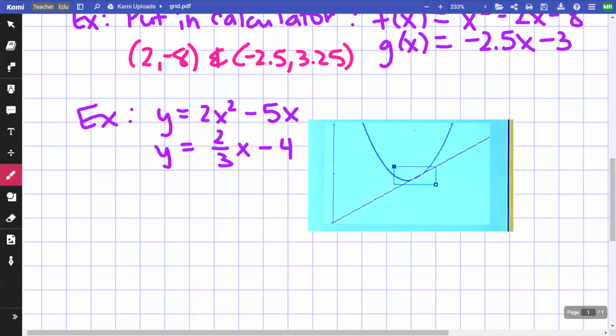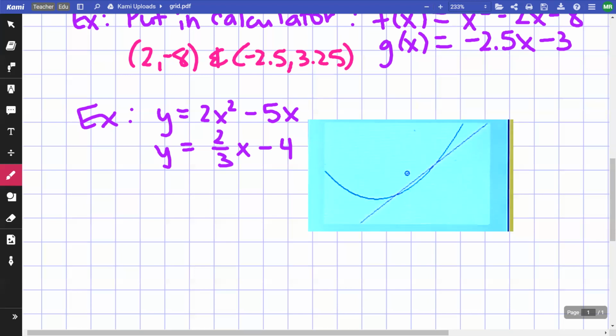Hit enter one more time. And it actually was crossing at 2 points. There were actually 2 points of intersection. So sometimes if you're putting it in your graphing calculator, it's hard to see it. You want to make sure you zoom and don't just assume, okay?